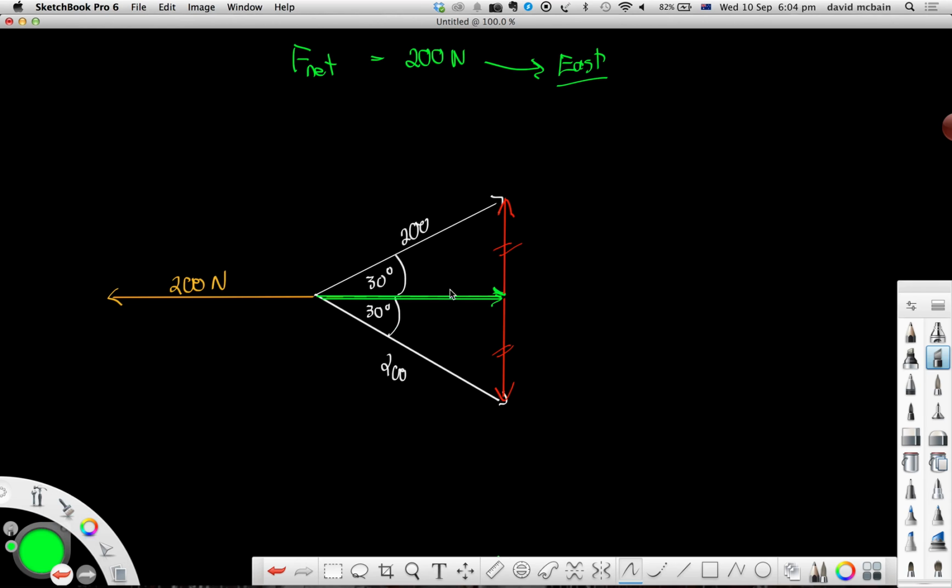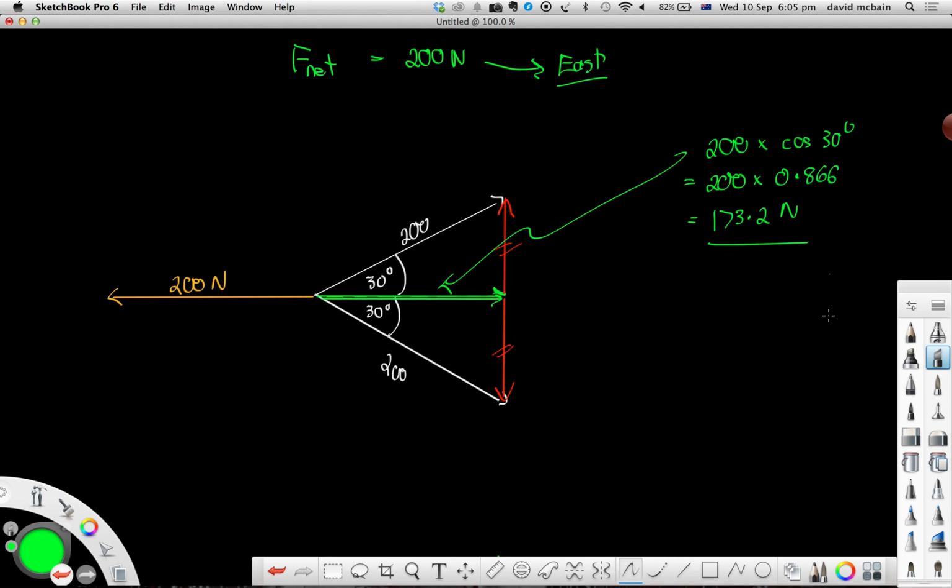So let's work out the top one, this one here. It's the adjacent side of the triangle, so it's going to be 200 multiplied by the cos of 30 degrees. The cos of 30 degrees is 0.866, so it's 200 times 0.866, which equals 173.2 newtons.